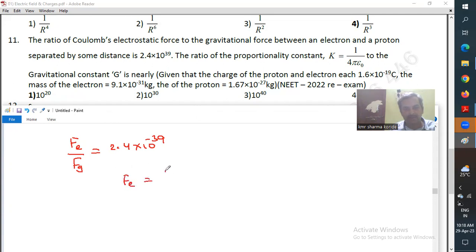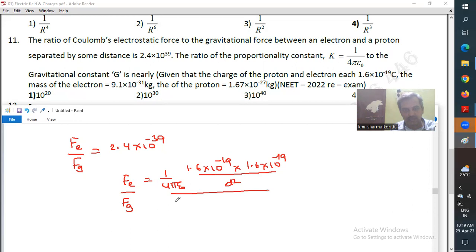Electrostatic force is 1 by 4 pi epsilon naught. Then electron and proton: the charge of the electron is 1.6 into 10 to the power of minus 19, and the charge of the proton is also 1.6 into 10 to the power of minus 19. This is divided by d square, divided by Fg.